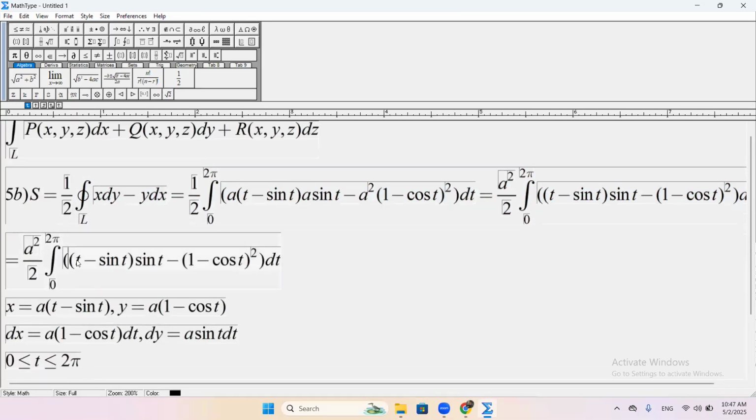Now let's expand the brackets. So t sine of t minus sine square of t minus 1 minus 2 cosine of t, plus 2 cosine of t, and minus 1 plus 2 cosine of t and minus sine square of t.